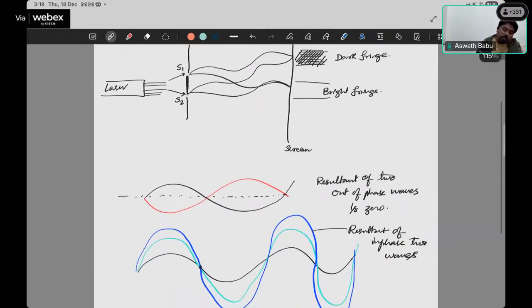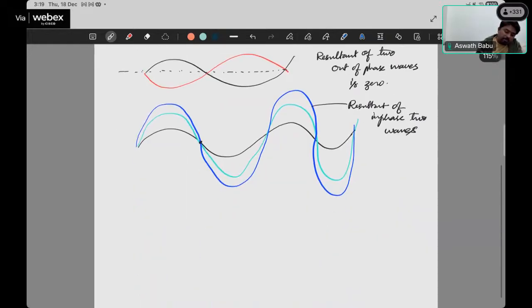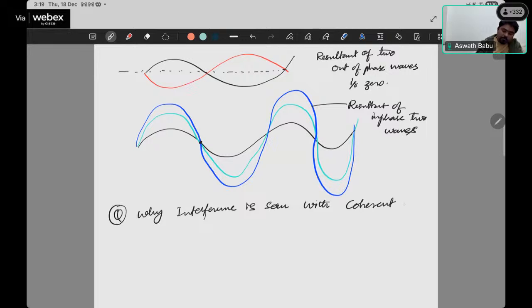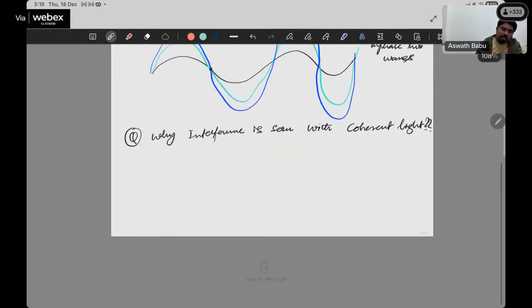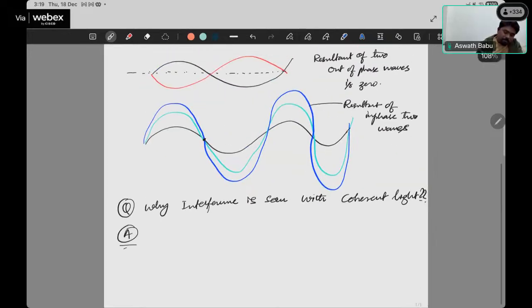Now, why is this only seen with a coherent source? The question is, why is interference seen with coherent light? The answer is very simple.